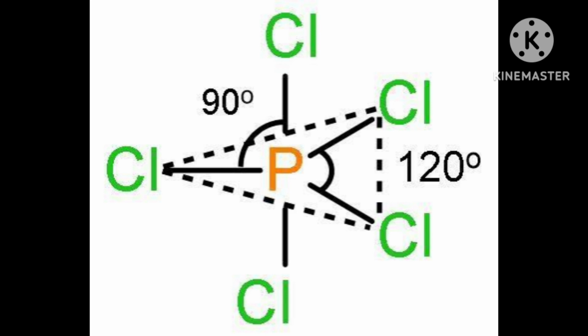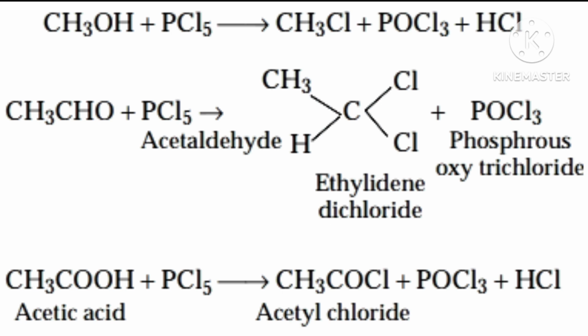First, the 3 equatorial bonds: 3 chlorines are making bonds, all are equivalent, all 3 bonds are one type of bond. That is called the equatorial triangle form. This equatorial bonds question is asked.